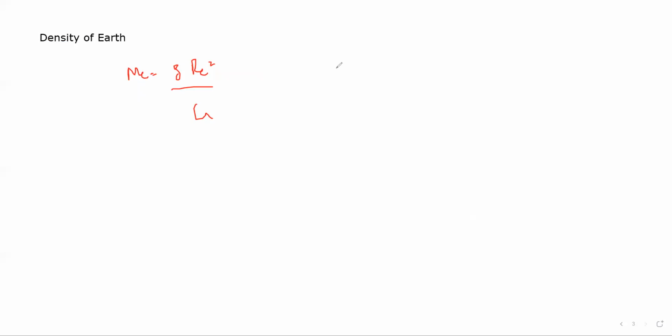And what about the volume? In practice, the Earth is not a perfect sphere, but for calculation, we'll consider Earth a perfect sphere. So the radius of Earth is RE, and the volume of the sphere is 4 by 3 pi r cube. So the volume of the Earth is equal to 4 by 3 pi r cube.